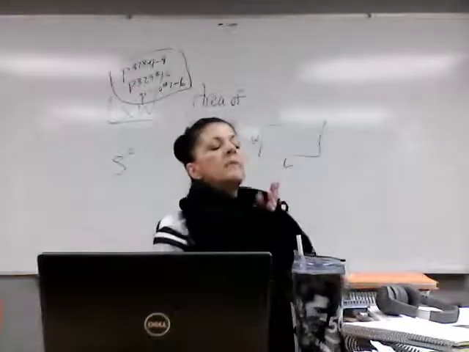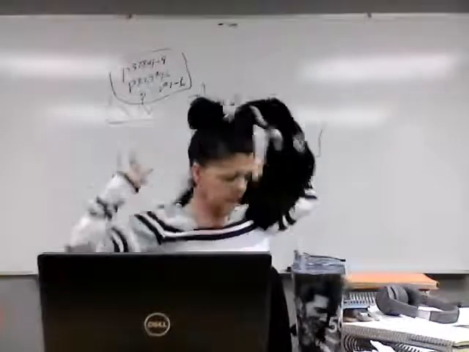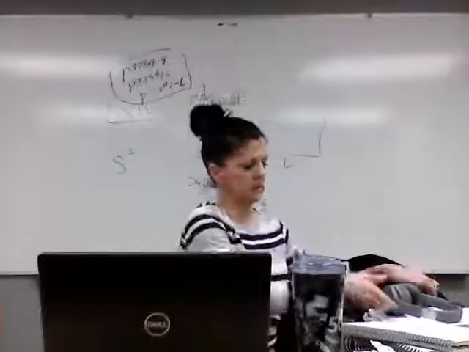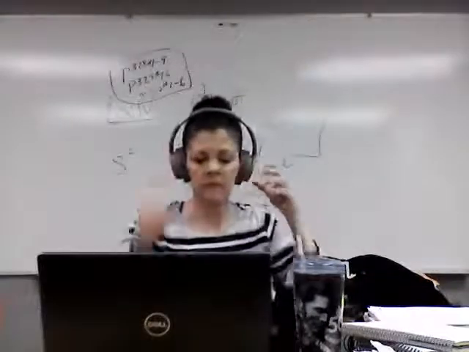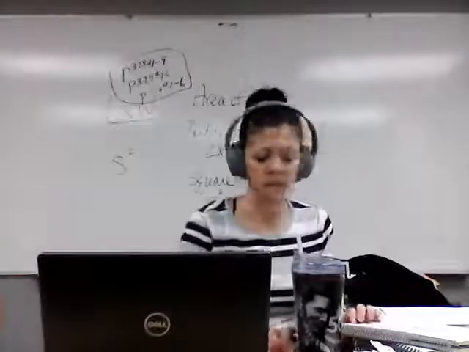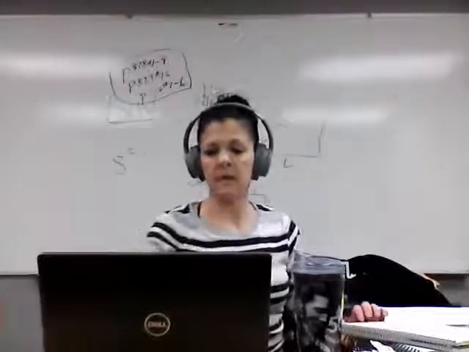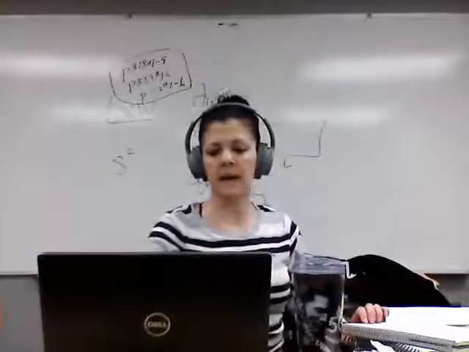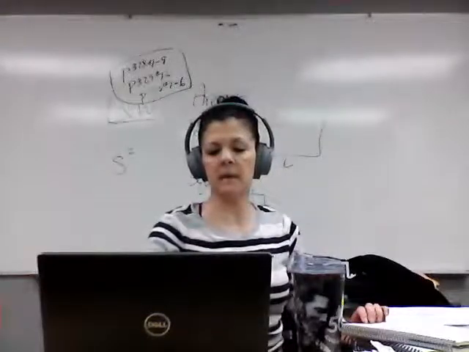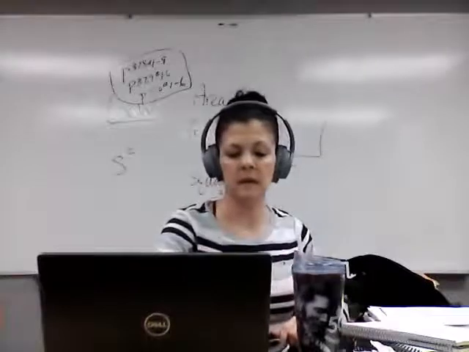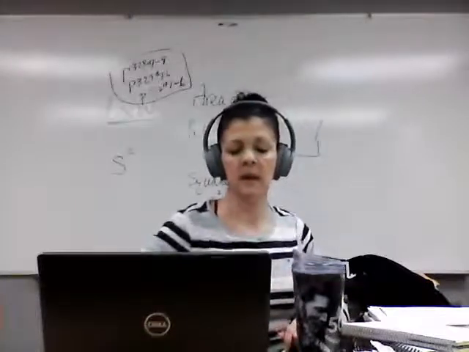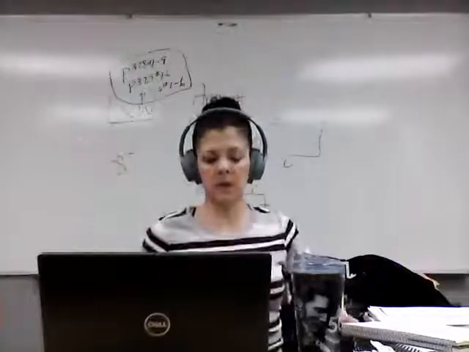Okay, let's do 12. Hold on. So we're going to do -1, 0, and negative 3, 0. Okay, Caleb, which one you want 1 and which one you want 2?